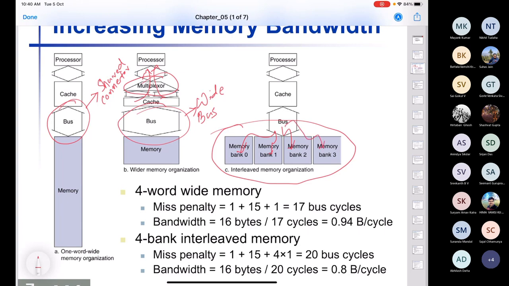But the initial access latency from this point up to this point is spent only once. It's not that the initial latency is spent in accessing bank 0, then again you spend the initial latency in accessing memory bank 1, again you spend for memory bank 2. That does not happen.